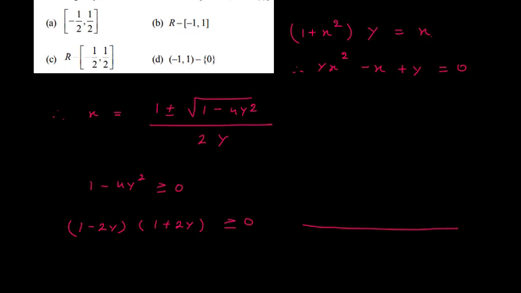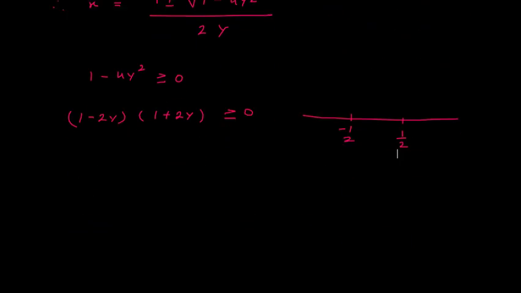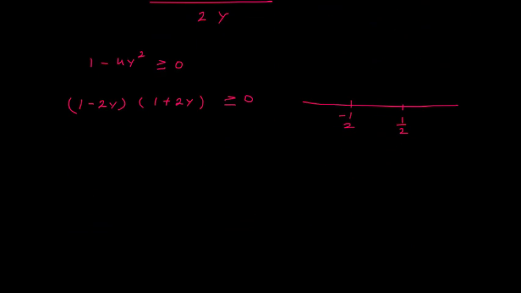Now if I plot on the number line and analyze this using the wavy curve method, the roots are 1 upon 2 and minus 1 upon 2. So minus 1 upon 2 will be somewhere here, 1 upon 2 will be here. If the value is more than 1 upon 2, I will get a negative value.